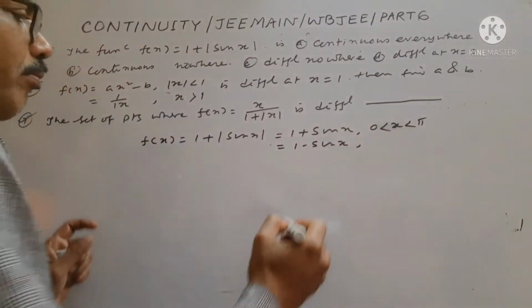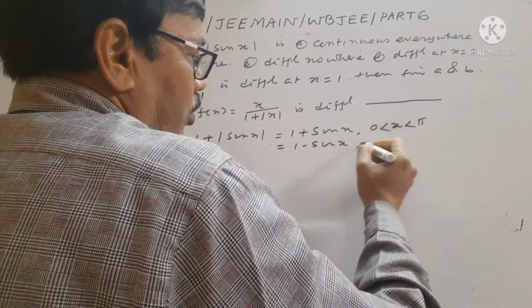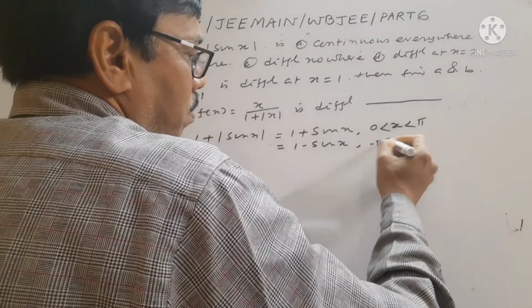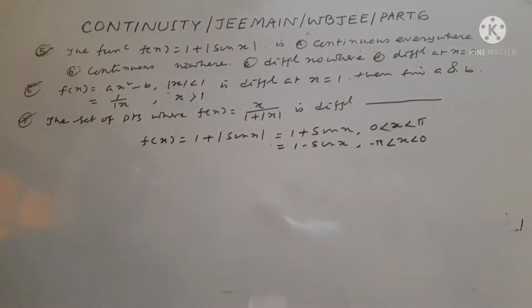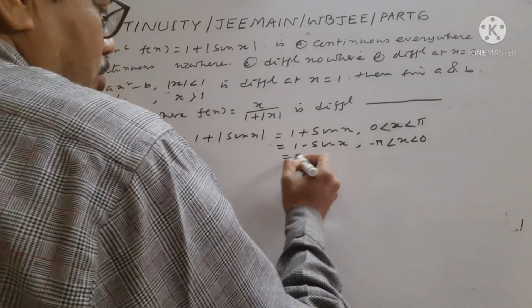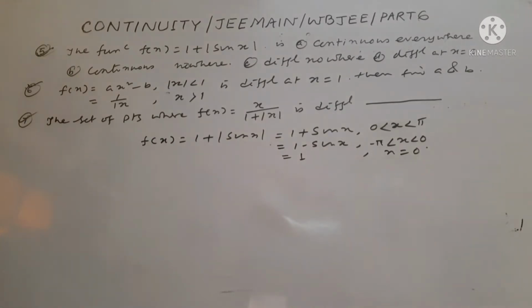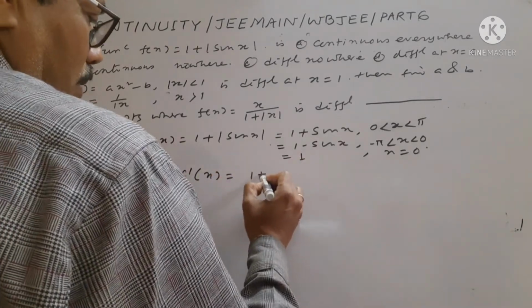Suppose negative, minus pi less than x less than 0, for x less than 0. And at x = 0, it is 1. So, what is f'(x)? 1 + cos x.